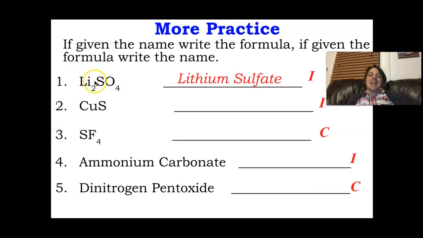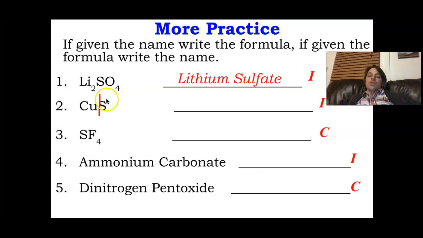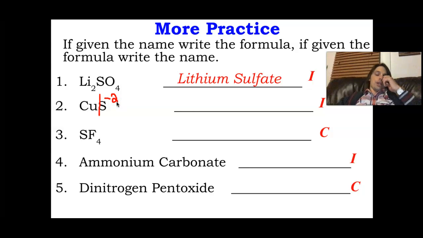Number 2. Copper sulfide. In this case, the metal copper is a transition metal. So I need to figure out its charge. To do that, I look at the anion first, or the negative half. Sulfur has a negative 2 charge, and there's only one of them, so this half has a negative 2 charge.